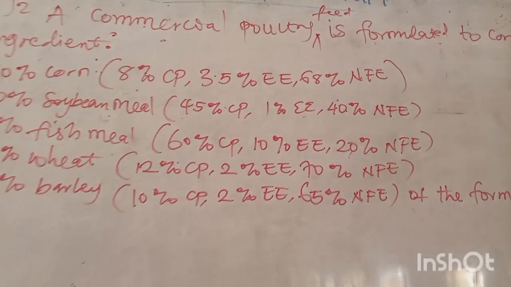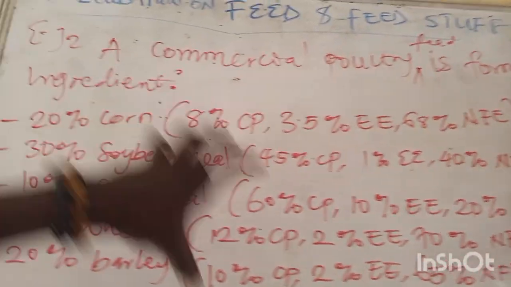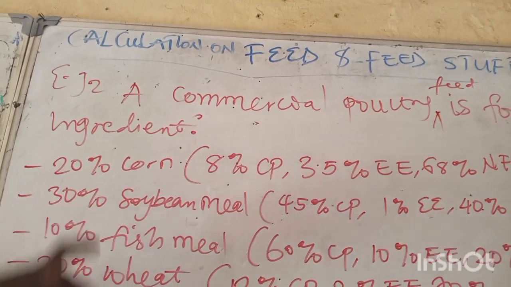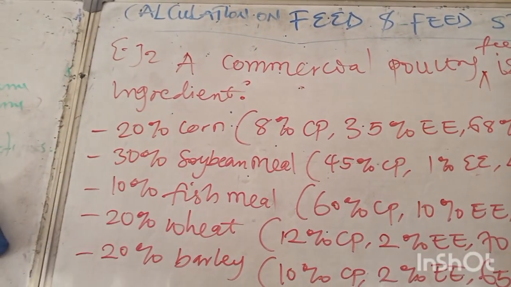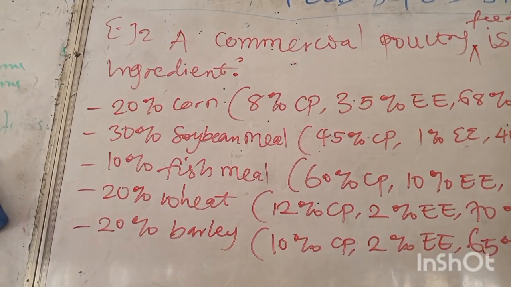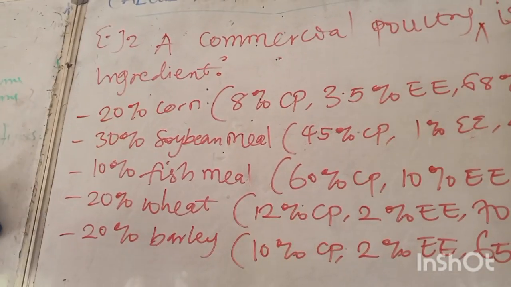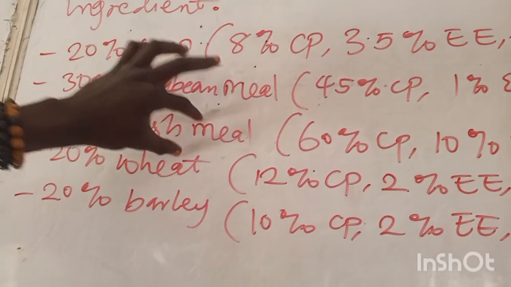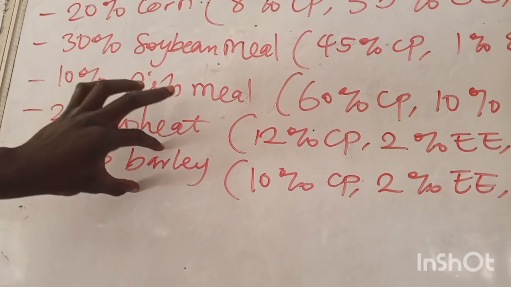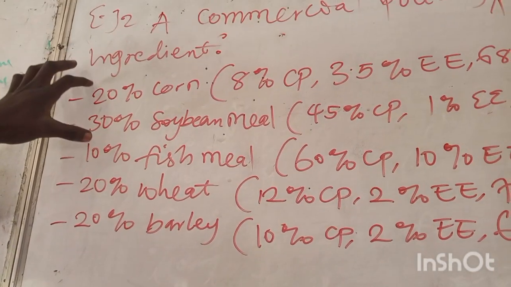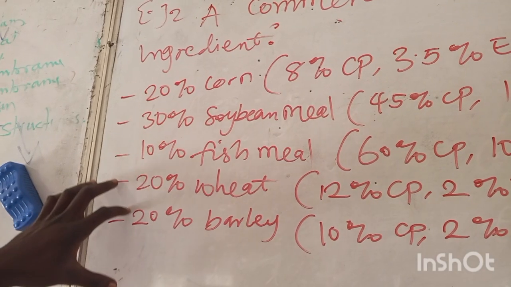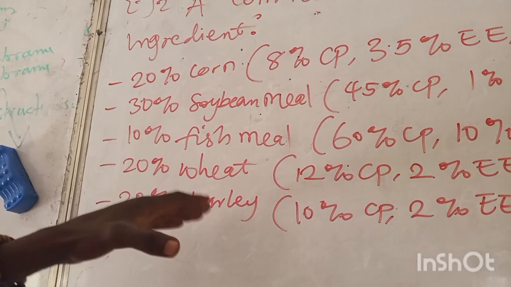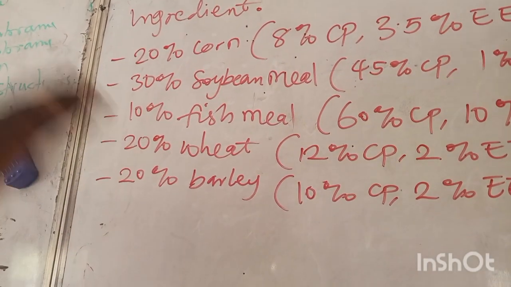I hope you're understanding the question here. Let me come again now. Let's say Ultima, produced by a particular company, which is a commercial feed. In that Ultima, there is corn, soya bean, fish meal, wheat, and barley.